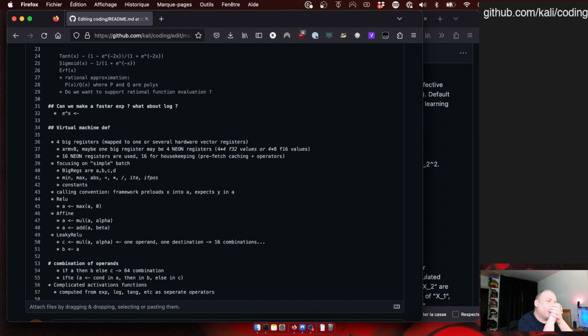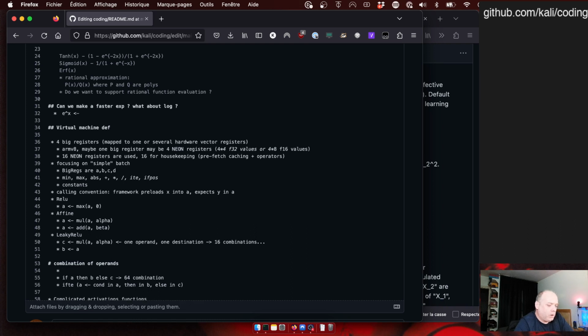Another way is to say that we have all the moves, so the 16 moves, because we have 4 registers, and then the other operators work with fixed registers. So we're moving stuff a bit, but it's moving between registers and registers, so it's not as crazy as moving from memory, of course.